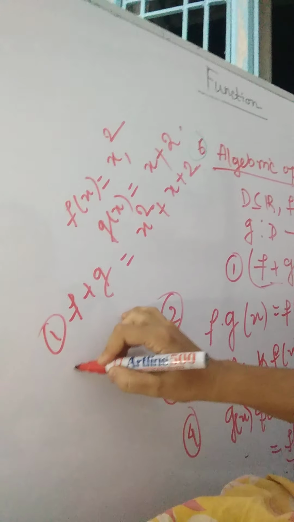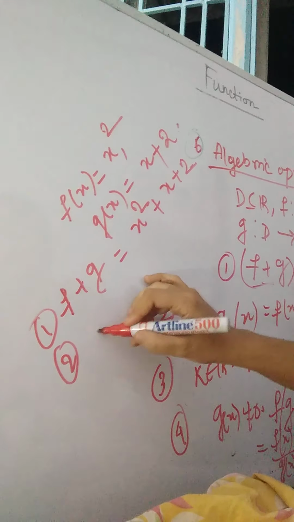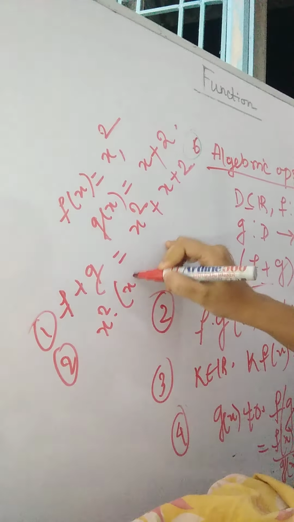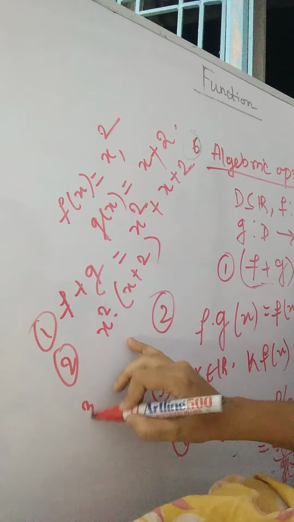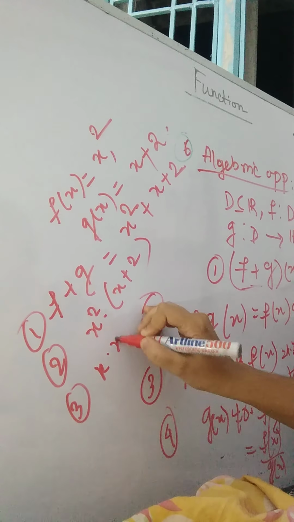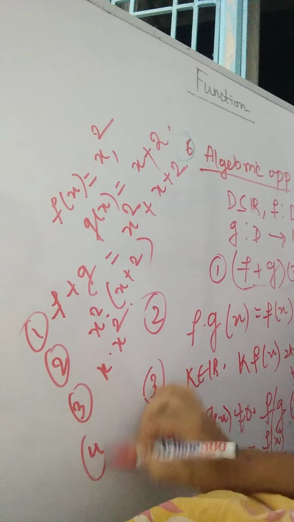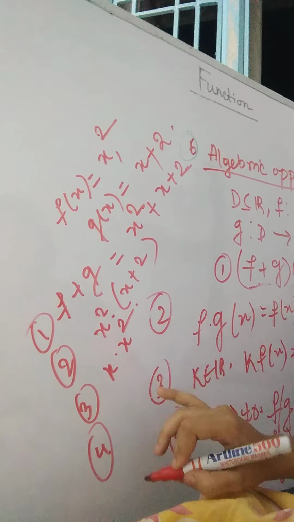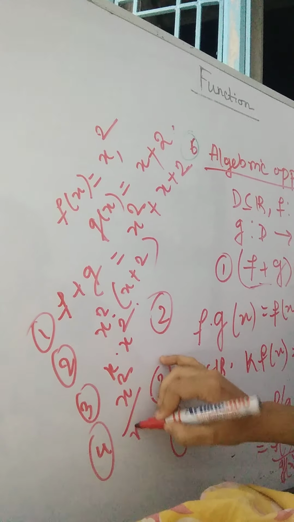That is the first example. Second, f dot g equals x square into x plus 2. Third property, k into f of x, that is k into x square. By the fourth property, f by g is x square by x plus 2.